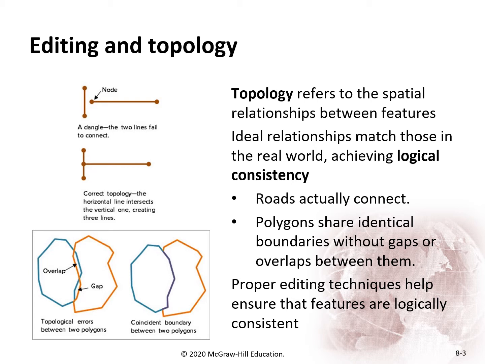It also prevents things like gaps and overlaps, in examples where you have two polygons that should have a single common border, but they don't. In this example, you can see how these two polygons, the lines on the left at the bottom, don't line up. Okay?